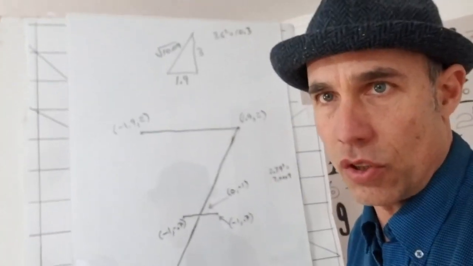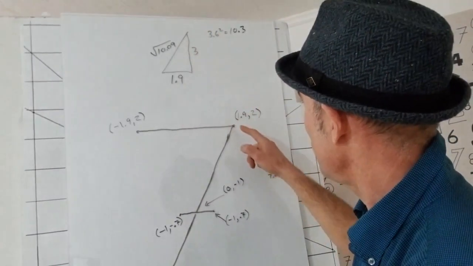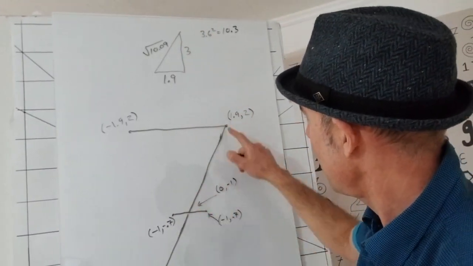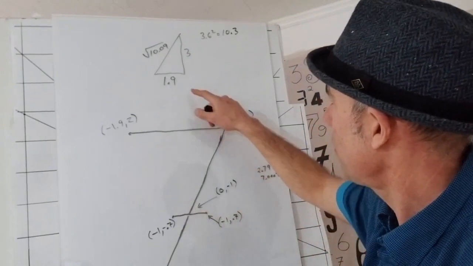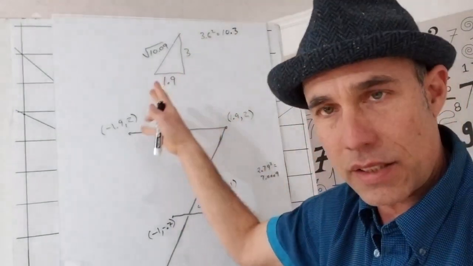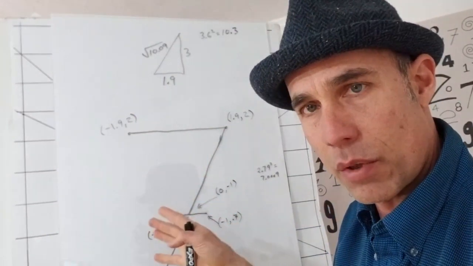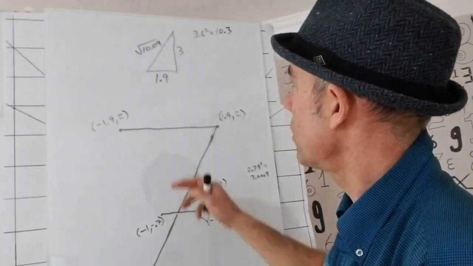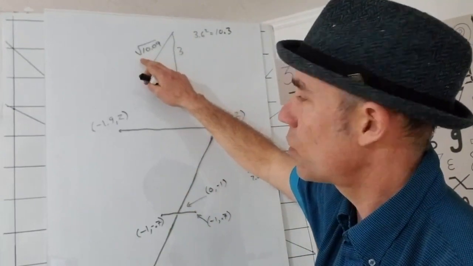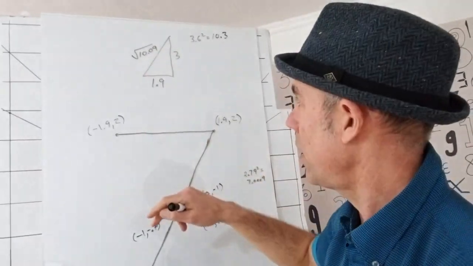And I just wanted to show you, here I do a triangle, basically for this length here, to show that's the length of 3, this is 1.9, and that's exactly the same triangle that was in the number 4, or the numeral 4. Okay, and so that made this side here the square root of 10.09.